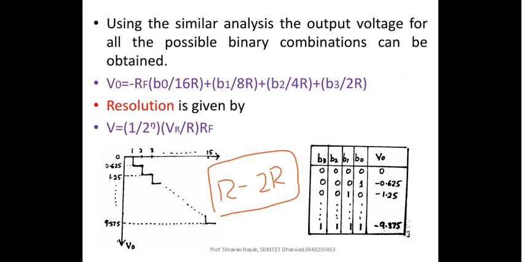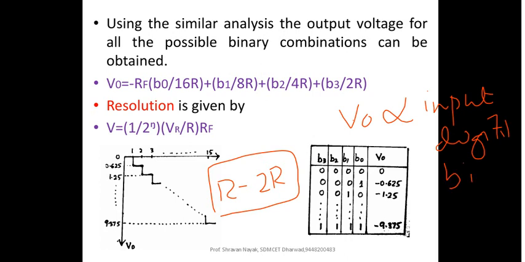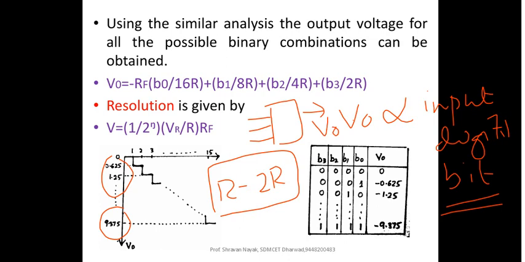In both cases, your output voltage will be proportional to the input digital bits. That is how you are going to get the output voltage in analog form. So the input bits are converted into the output voltage. This is the basic functionality of a digital to analog converter, right?